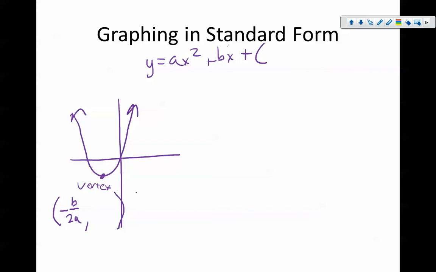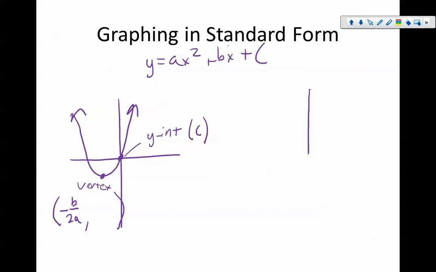So the vertex can be found through a formula. We have another important point right here. This is the y-intercept, where it crosses the y-axis. The y-intercept is the c value. So this c value right here is the place where it crosses the y-axis.